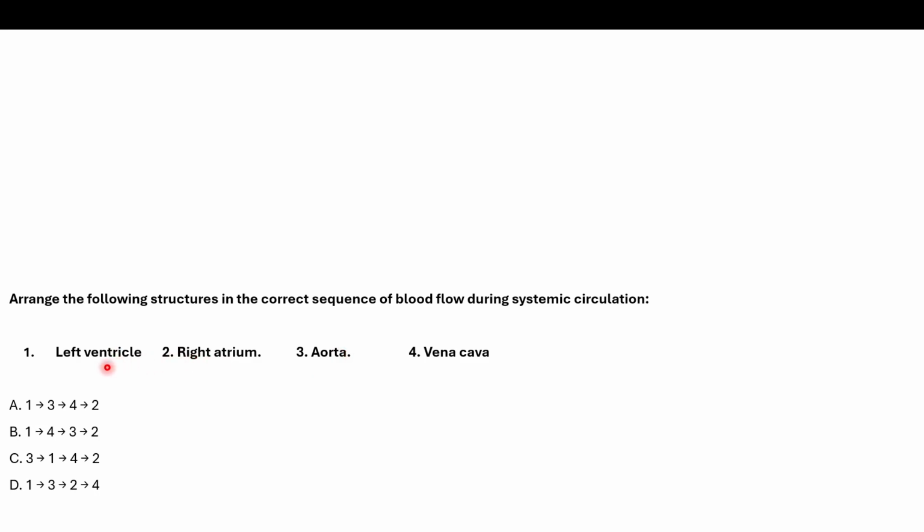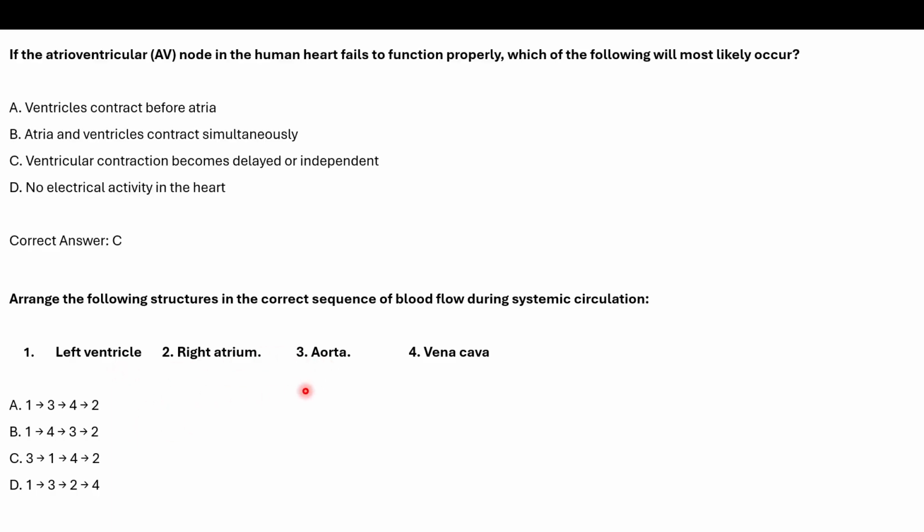So the correct answer will be option, yeah. First is the left ventricle, then it goes to the aorta, then from the body it comes to the vena cava and then enters the right atrium.